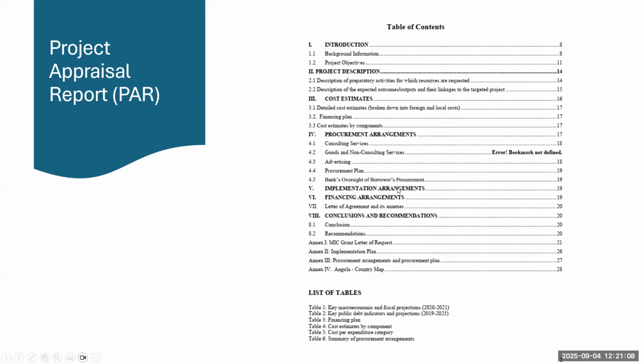So this project appraisal report sets the concept of the project. It says what the project wants to achieve, and how it is going to achieve it. That's the arrangement.